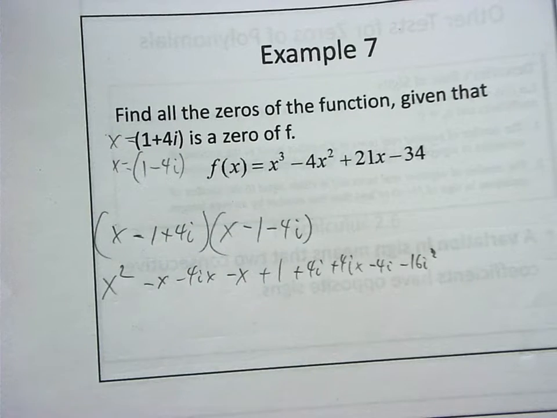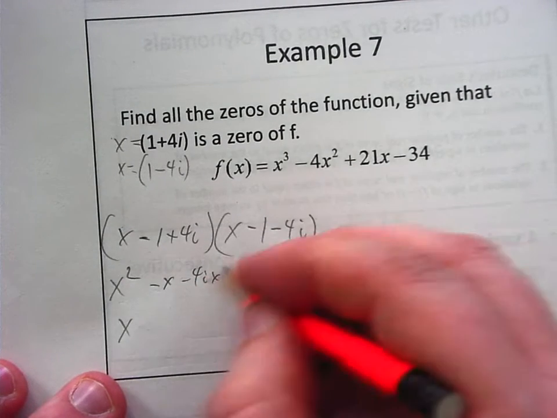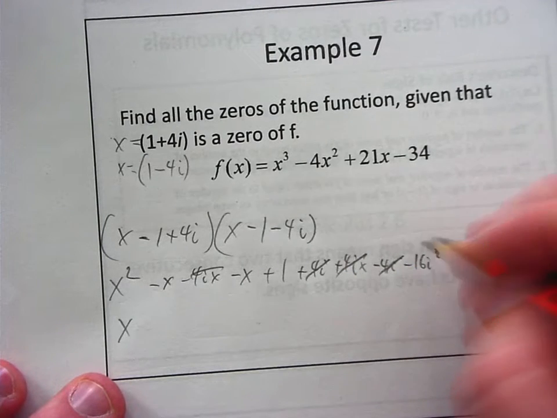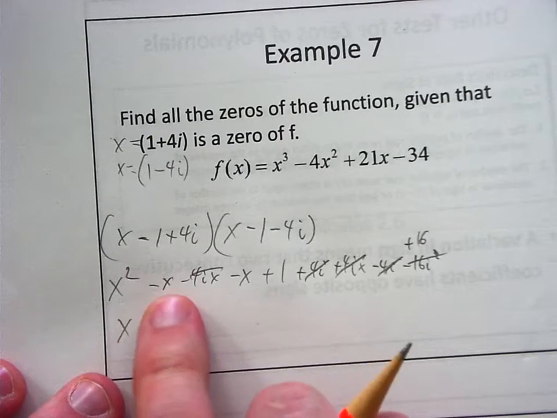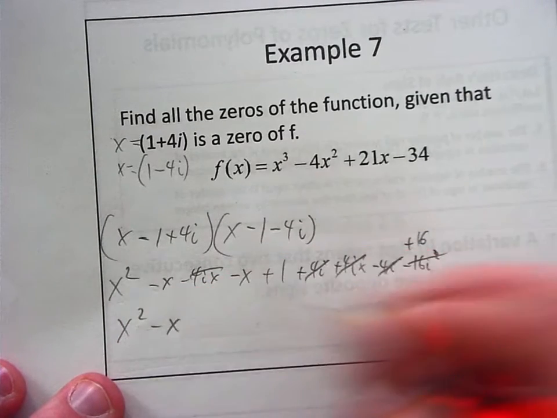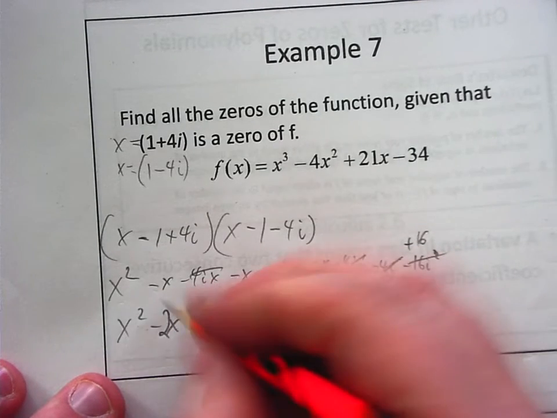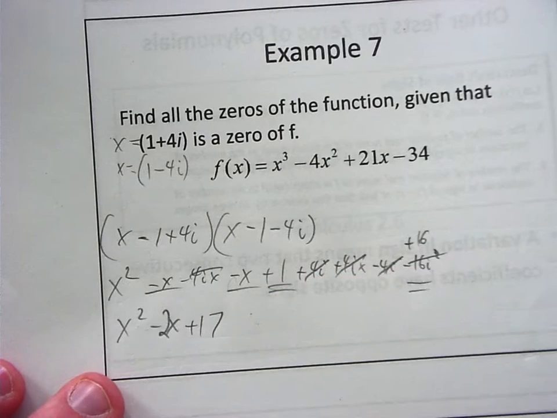Simplify that out a little bit. The 4ix's will cancel, and the 4i's will cancel. The negative 16i squared will turn into plus 16. So I have x squared minus x, or I'm sorry, minus 2x, don't miss that one. And then the 1 and the 16 gives you plus 17.